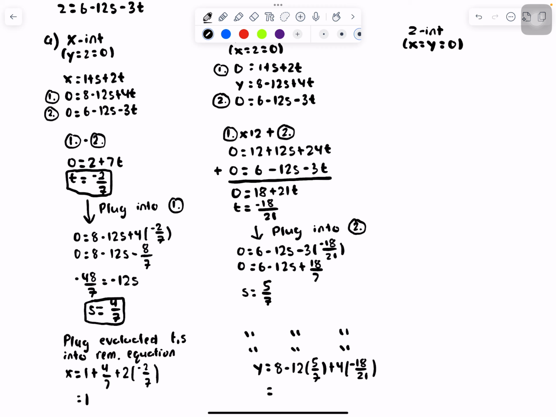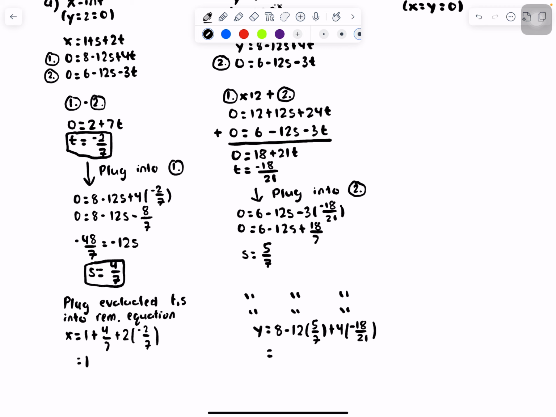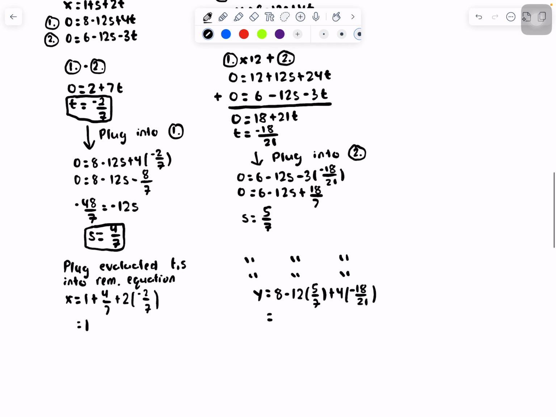We get negative 4. Comes out quite nice even after those fractions. Surprising.